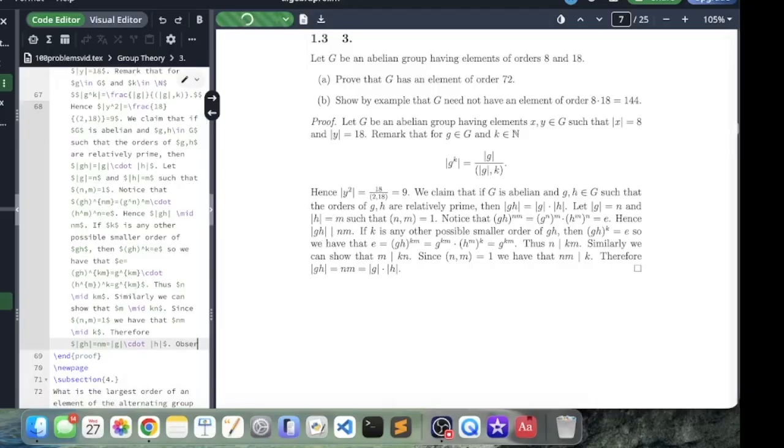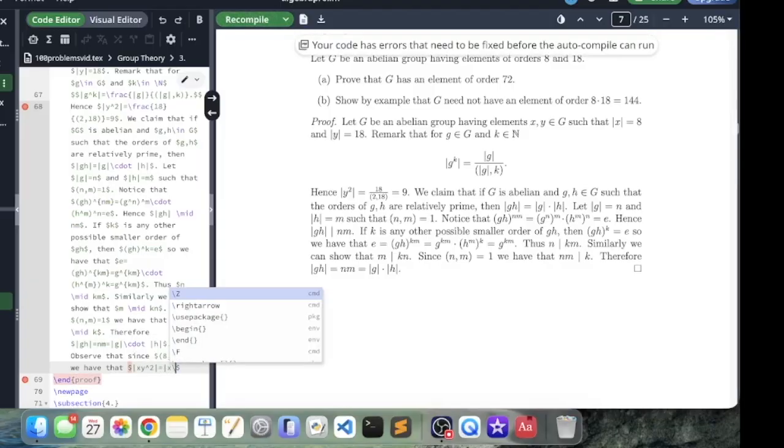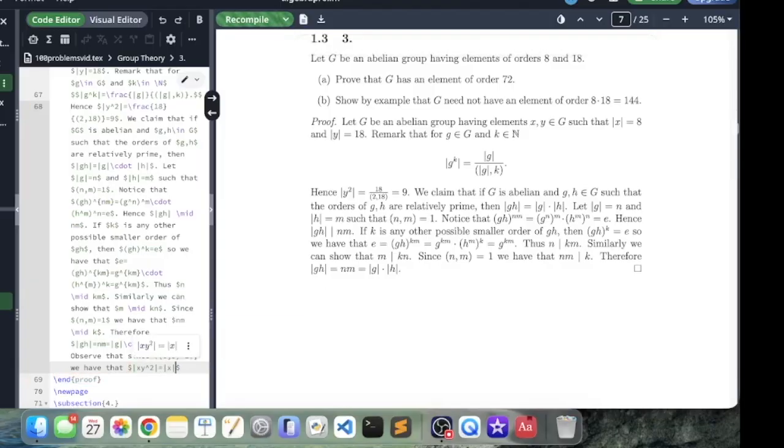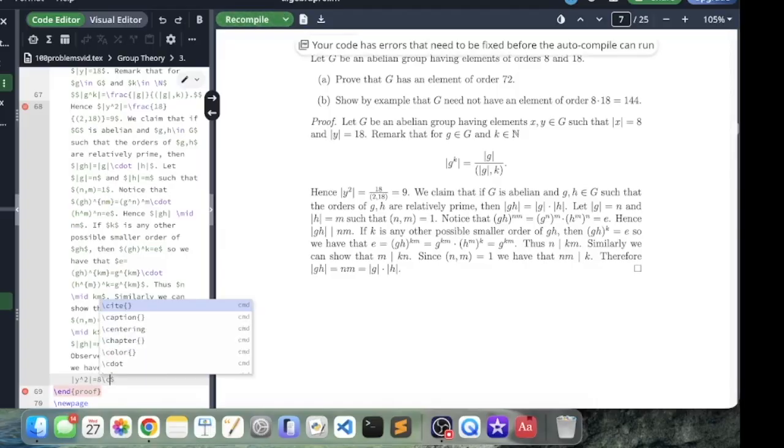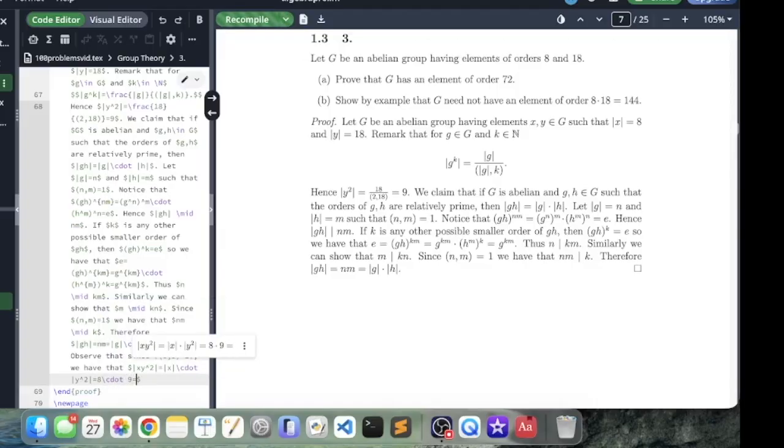Now we can observe that since 8 and 9 are relatively prime, we have that the order of xy squared is equal to the order of x times the order of y squared, which is equal to 8 times 9, which is 72. As desired.